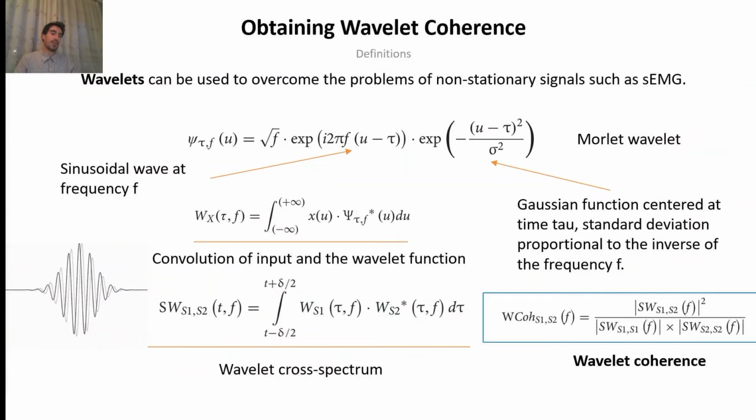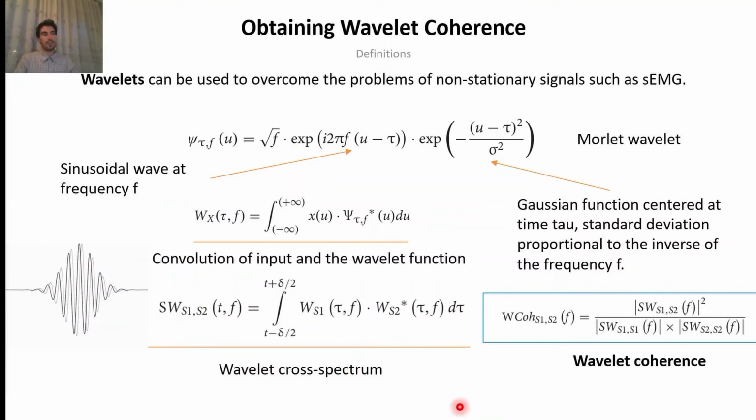It's an object like this one, where you have basically a Gaussian function centered at time tau, with standard deviation proportional to the inverse of the frequency f, which is convolved with a sinusoidal wave at a frequency f. You can convolve this with your input data, and you have the wavelet transformation of it.